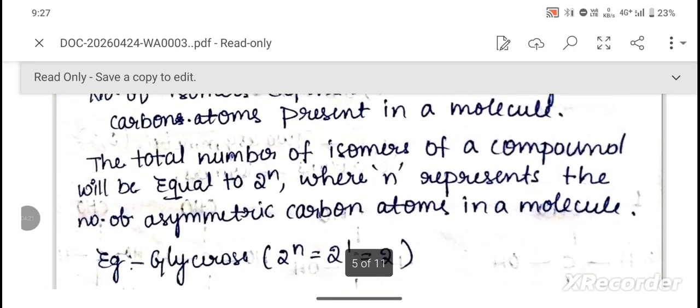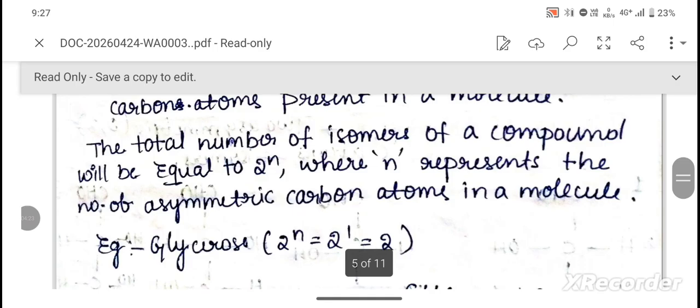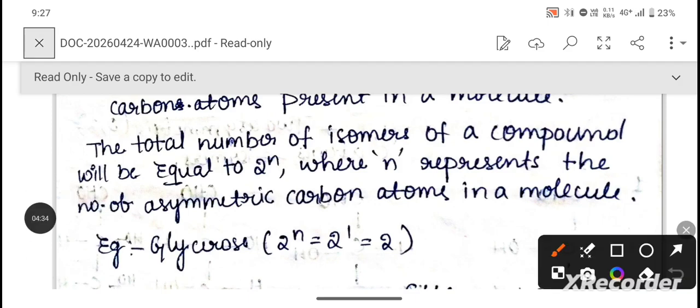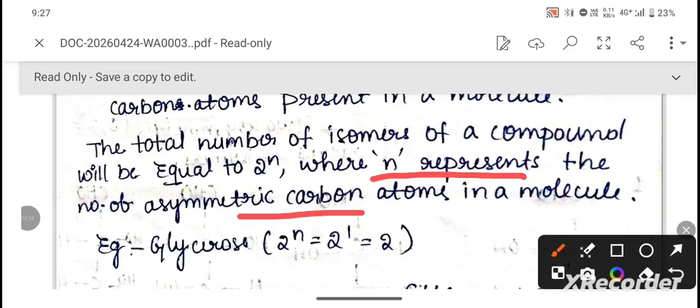You can remember this with the formula 2 to the power n: the total number of isomers of a compound is equal to 2 to the power n, where n represents the number of asymmetric carbon atoms.